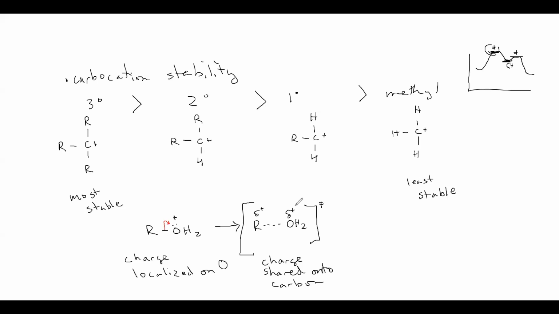Okay, so again, this carbocation stability, these R groups are electron releasing or electron donating, and that occurs through the process of hyperconjugation.